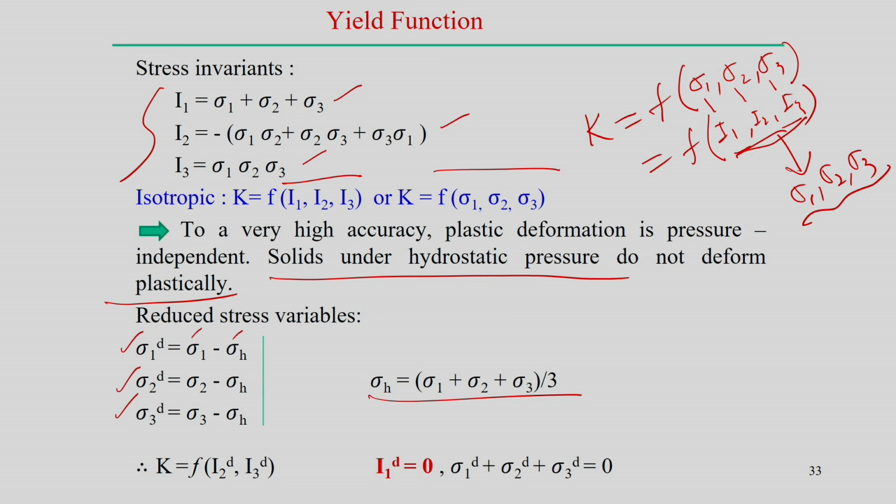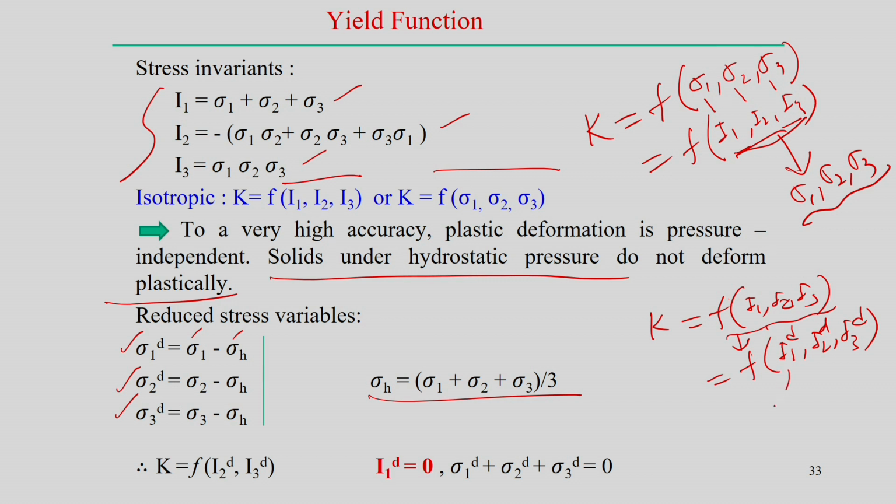Now, K is a function of the stress invariants I1, I2 and I3 of the original stress state, but since the hydrostatic component has no role in yielding, when finding the yield criteria we can convert from the original stress to only the deviatoric stress components, I1d, I2d and I3d.